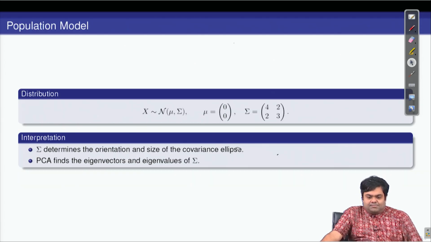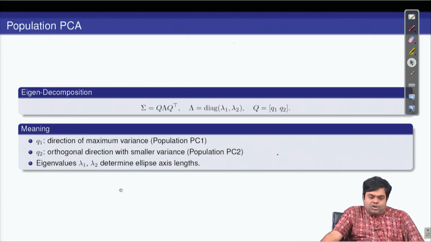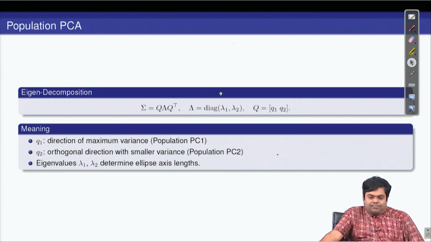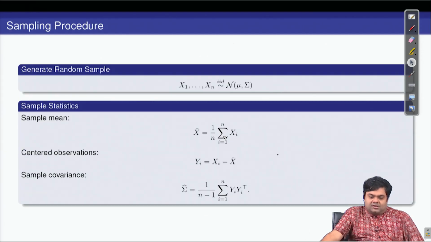We choose this bivariate normal with mean 0, just to start with the centered scenario, and suppose the variance of the first is 4, the second is 3 and the covariance between them is 2. You can diagonalize and find the population PCA just like we did in the last class, and you can generate a random sample. You can construct a sample variance covariance matrix from there and calculate the sample PCA as we were discussing today.